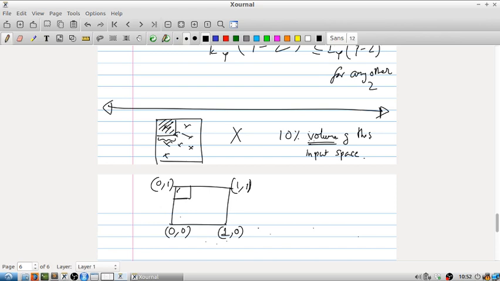Let's say this top left corner. Actually 10% is not the right number. So let's say it's 9%, because I want to have good products. So what is the area of a square? Side squared, right?